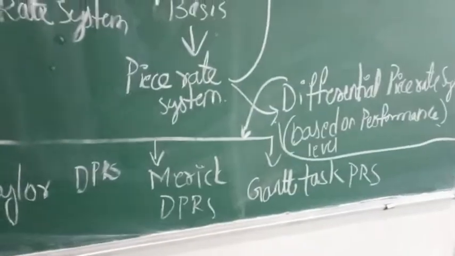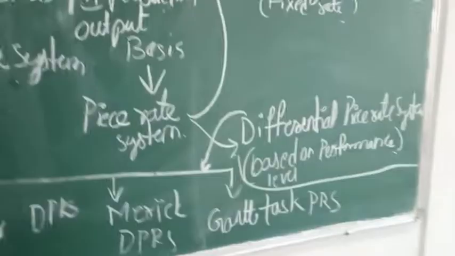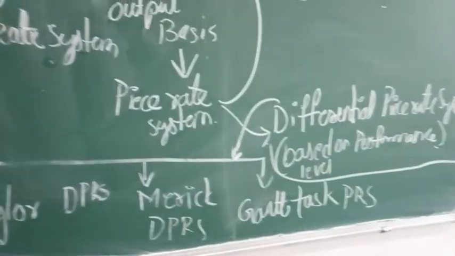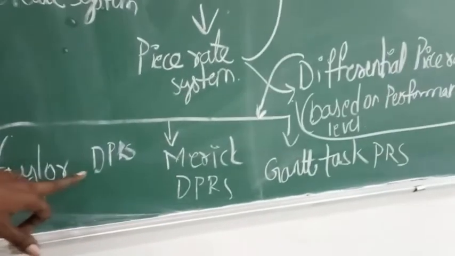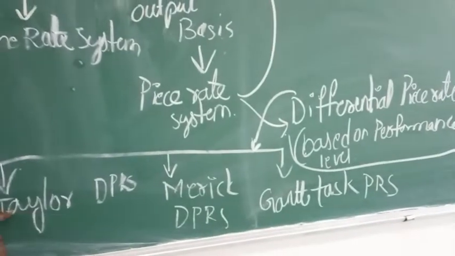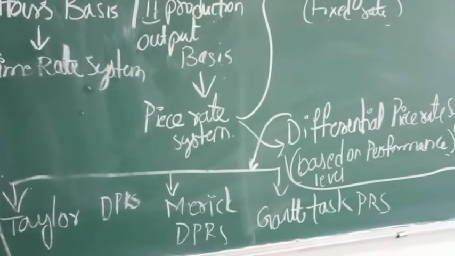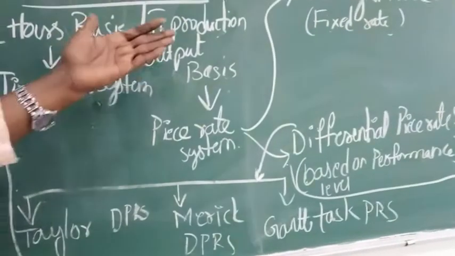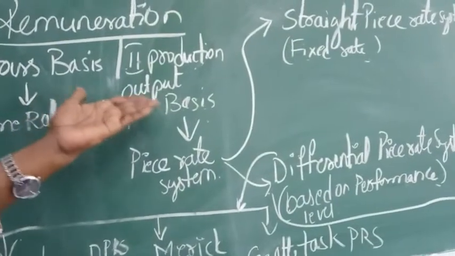Clear? So this differential piece rate system is divided into three types. Which method am I telling about? The differential piece rate system is again of how many types? Three types. First one is the Taylor differential piece rate system. Who is Taylor? He is one of the economists or scientists who calculated this remuneration method on a production or output basis.